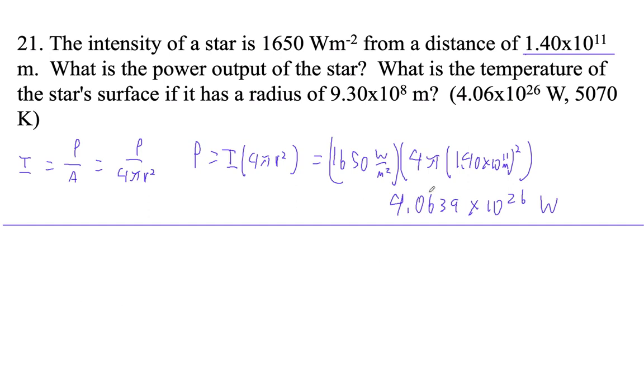We now know the power output of the star, right? So we'll use the Stefan-Boltzmann: E sigma area temperature to the fourth, and they're just asking us for this temperature, right? Notice how when they talk about stars, we never worry about the incoming radiation from the universe, and that's because the universe's temperature is extremely cold.